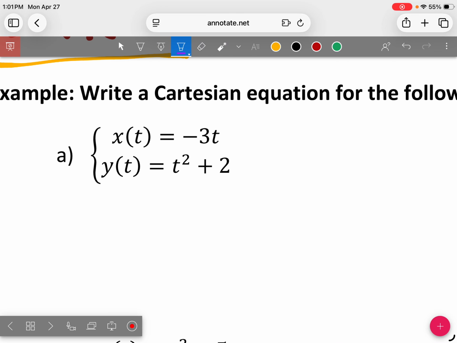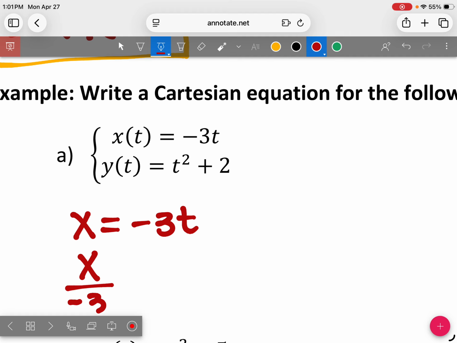All right, so here, take your x equation, solve it for t. This one is a little easier. All we have to do is divide both sides by negative 3.